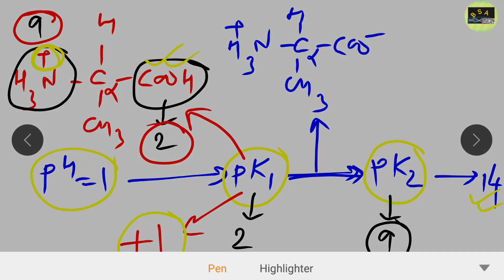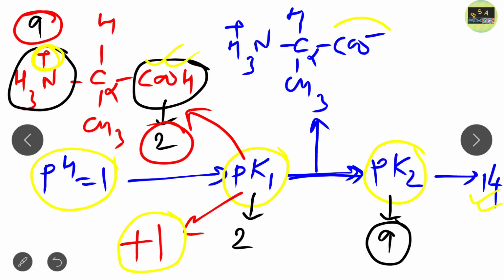Clear? So now you understood why this becomes COO minus, because we know that above 2 it becomes deprotonated. But it remains as NH3 plus because its pK value is 9. That's why it remains as NH3 plus.